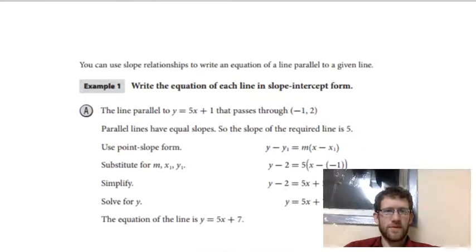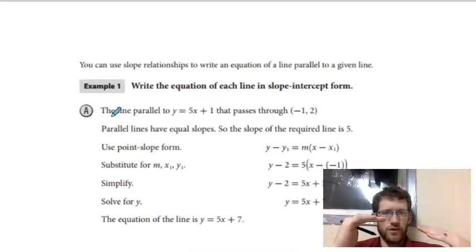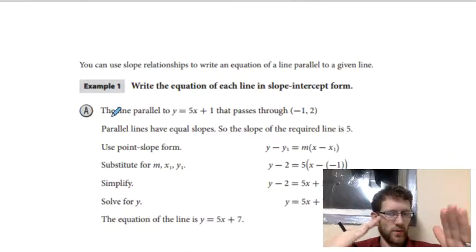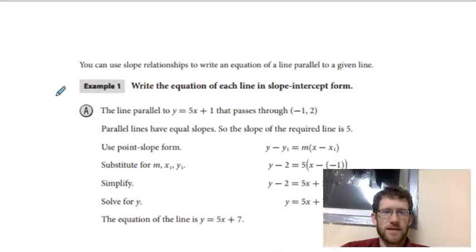Sometimes the book really likes these forms of questions where they ask us to write the equation for a line that is similar to one of their lines in some way, so either parallel or perpendicular, but it goes through a different point. So for example, this one asks for a line that is parallel to this line, but passes through this point.